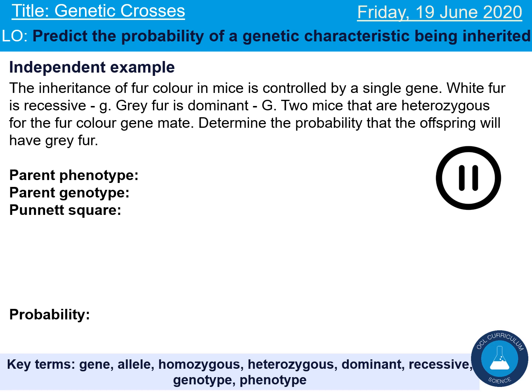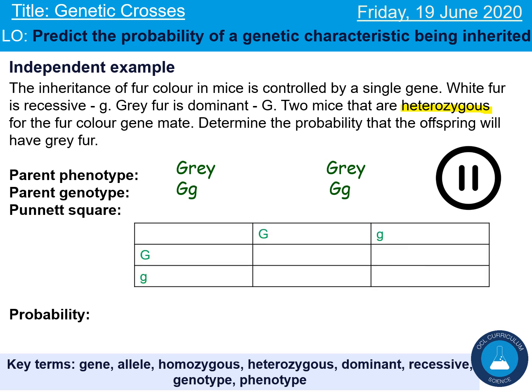So what you should have realised is that the parent phenotype is grey, so that's their characteristic. And we know that because we have two heterozygous parents, which would have that dominant allele, and so they would both be grey. For the Punnett square, you should have put your parental alleles at the top and at the side.